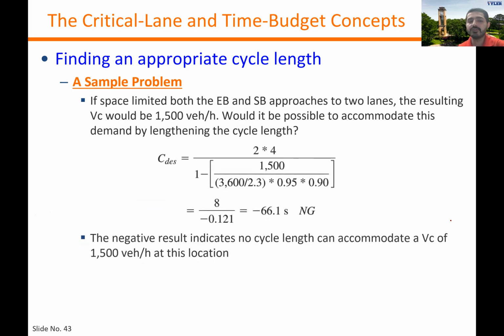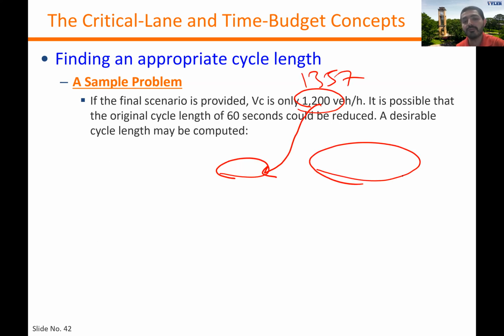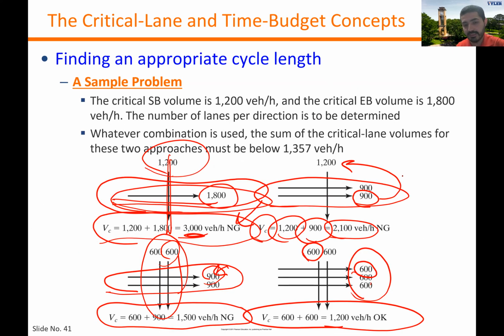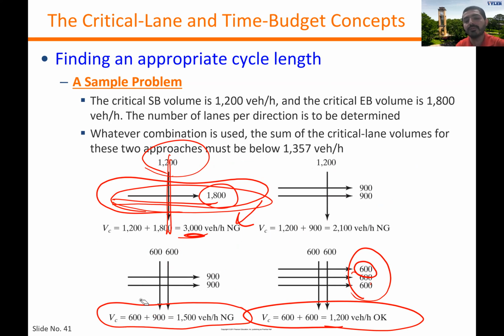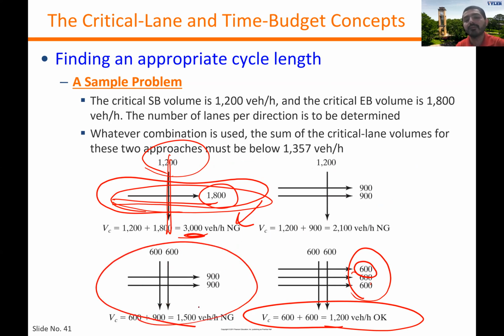And then here we assume a hypothetical problem: if we are limited by two lanes in each bound, can we really adjust the cycle length to handle that? The answer for this problem was no, because if we really have only two lanes in each approach, which is this option right here, so if we have 900 and 600, V over C becomes 1500.